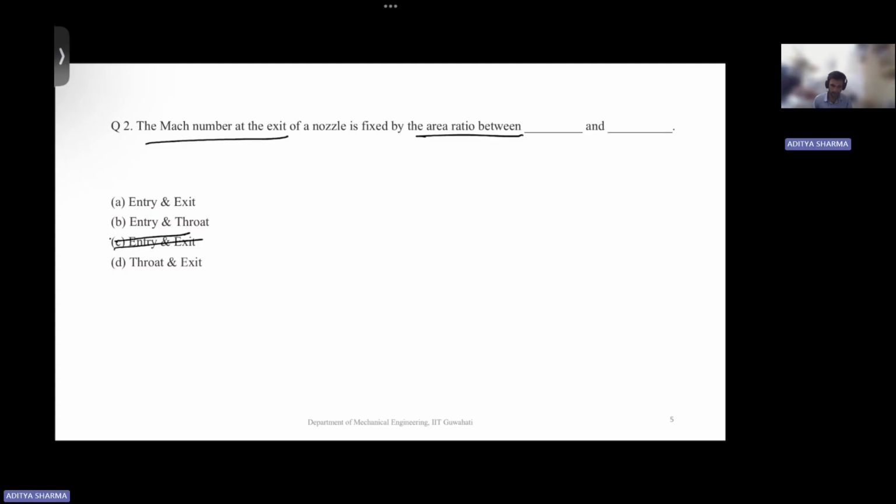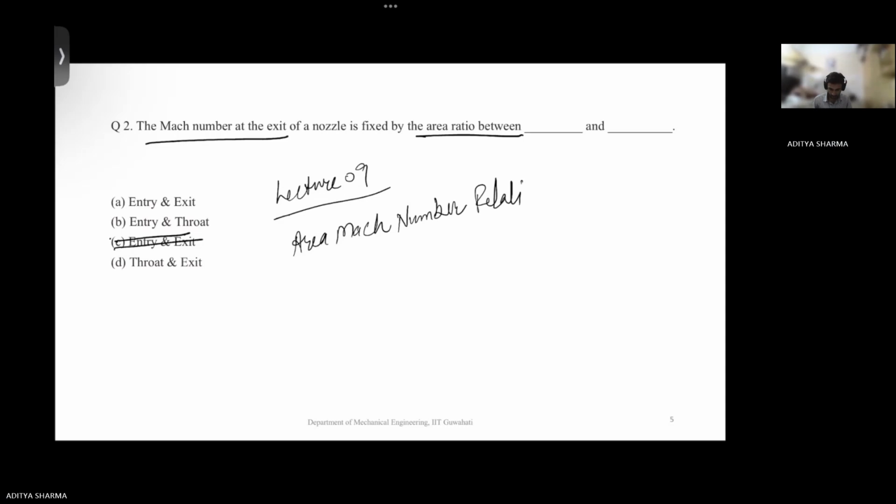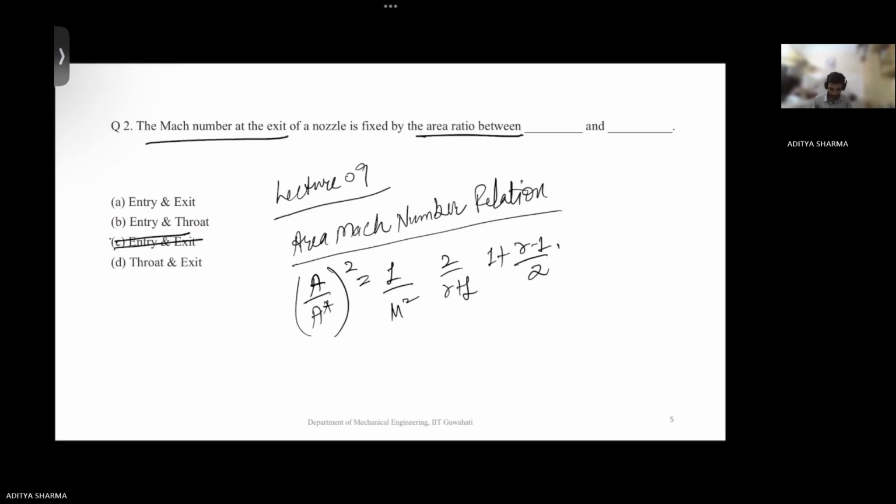If you revise your lecture number 9, from lecture number 9 you have this area Mach number relation, which will tell you that area ratios are related this way.